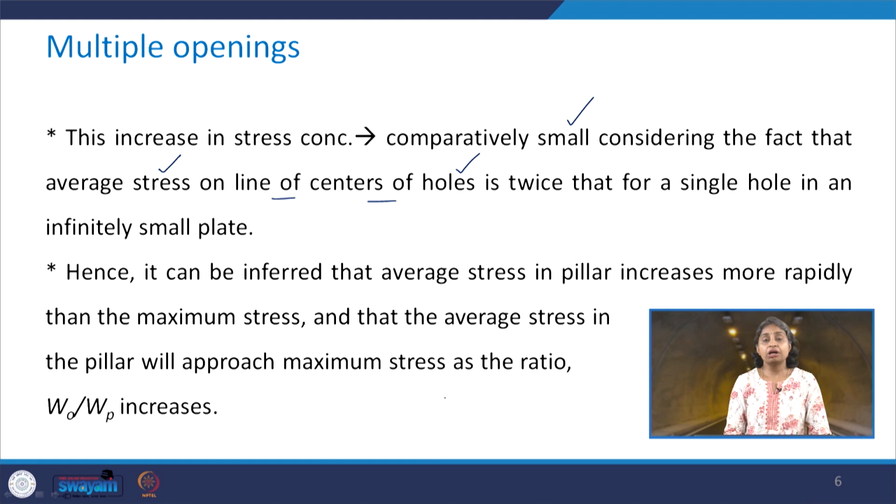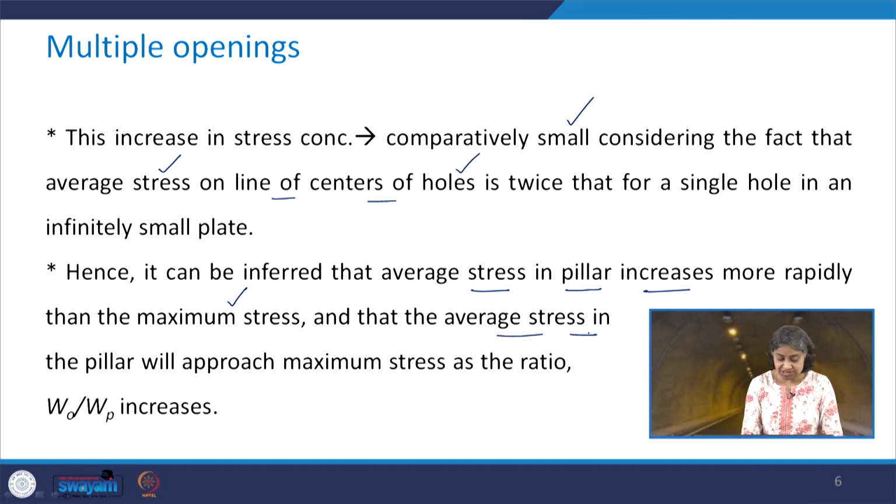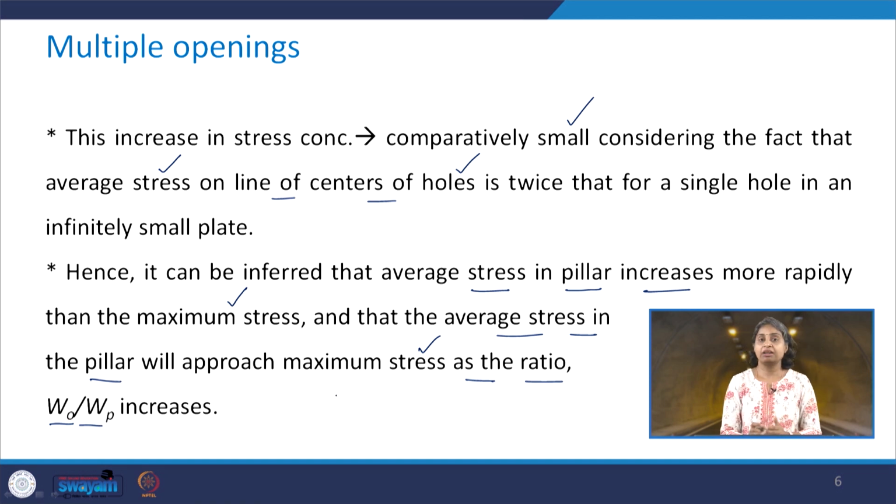Therefore we can infer that the average stress in the pillar increases more rapidly than the maximum stress, and that the average stress in the pillar will approach the maximum stress as the ratio WO by WP increases. So please keep this in mind.